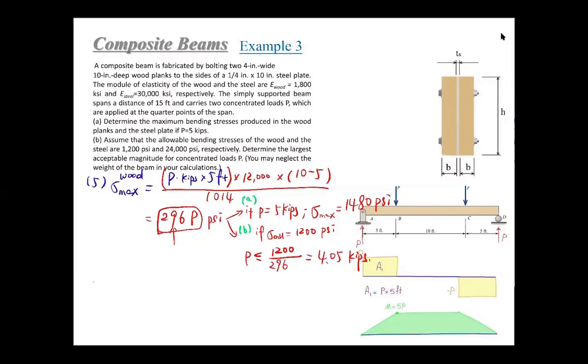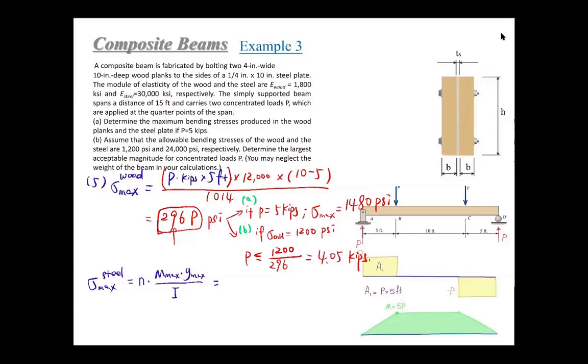We also need to check the maximum stress in steel. Since steel is fictitious, we need to multiply it by n: n times M max times Y max over I. You can try to solve this by yourself.